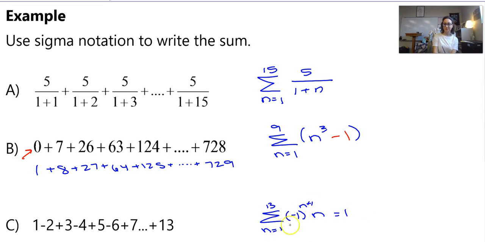Plugging in 2, I get -1 to the third, which is what? -1 times 2, which is -2. Next, I'd plug in 3. So I get -1 to the fourth times n, which is 3. So that is going to be +1 times 3, which is +3. And now we're on the right track, right? Now this is working for us.